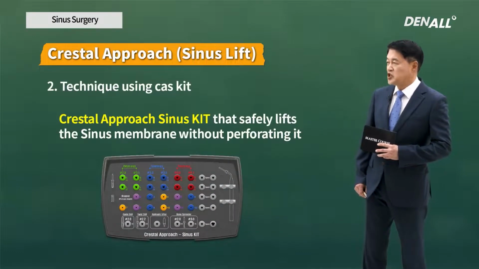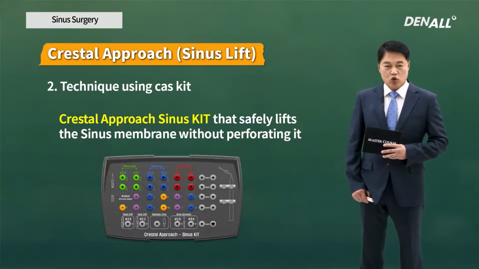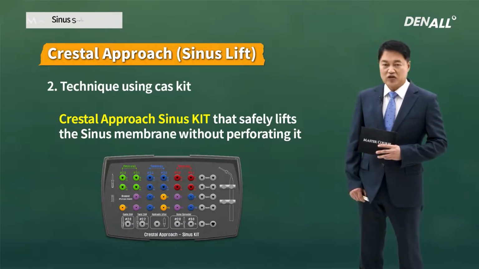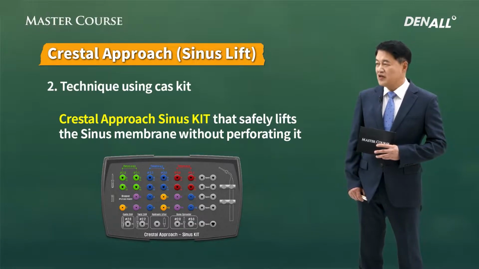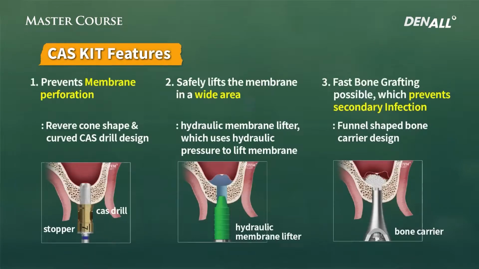Sinus lift, crestal approach. You can use the CAS kit for this. The membrane can be lifted without perforation using this kit. That is the crestal approach sinus kit, CAS kit for short. The features: it prevents membrane perforation, and you can use a drill for drilling. Schneiderian membrane is lifted safely, and hydraulic membrane lift is used to lift the membrane.